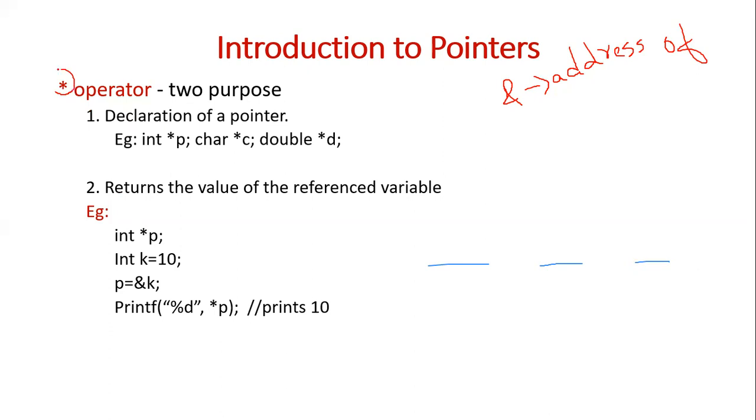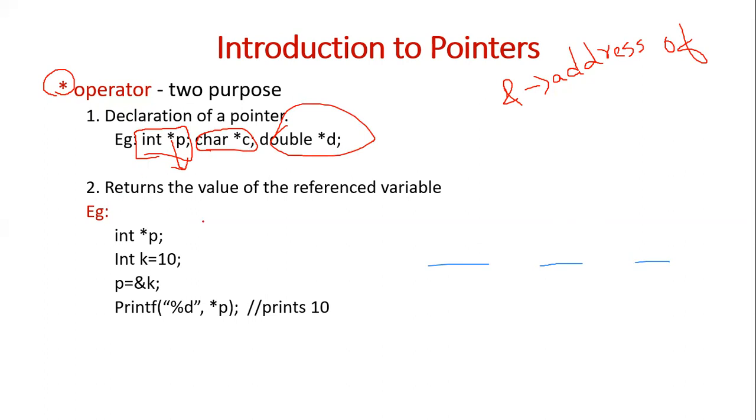So here int star p means that the star does not refer to value at. Here star refers that p is a pointer to an integer. Character star C means that C is a pointer to a character. Double star D means that D is a pointer to a double. So here the star operator is used to declare pointers.